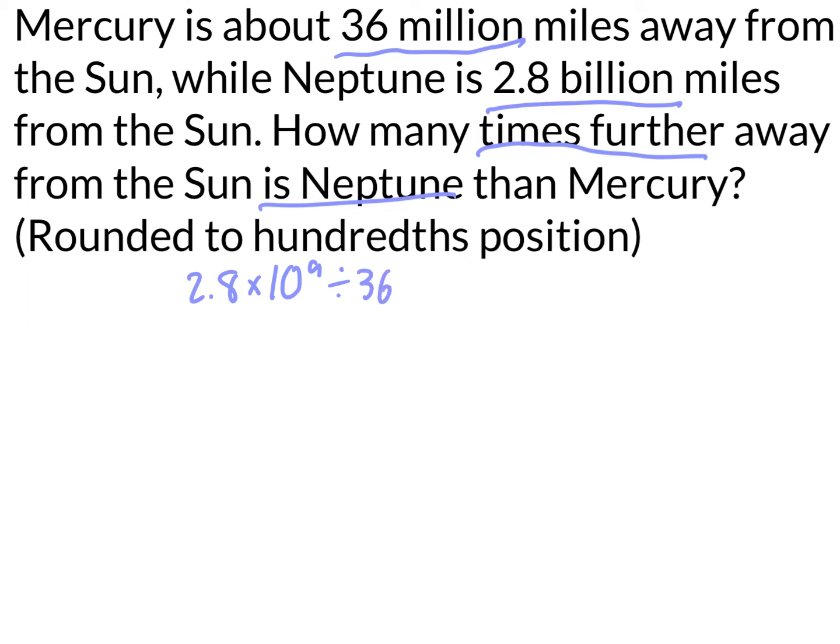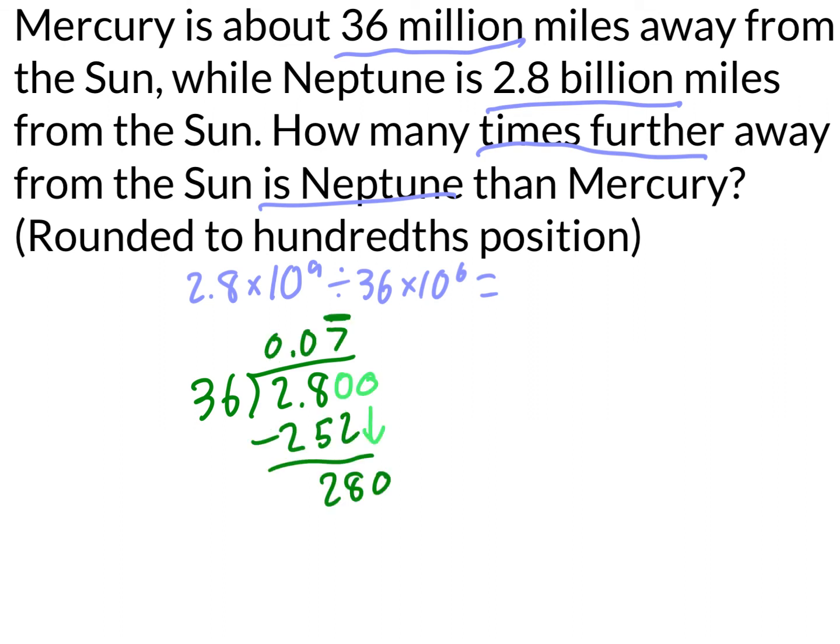2.8 billion is 2.8 times 10 to the 9th, and 36 million is 36 times 10 to the 6th. In this case, we are going to first divide our coefficients. 2.8 divided by 36 gives us 0.07, and the 7 repeats.